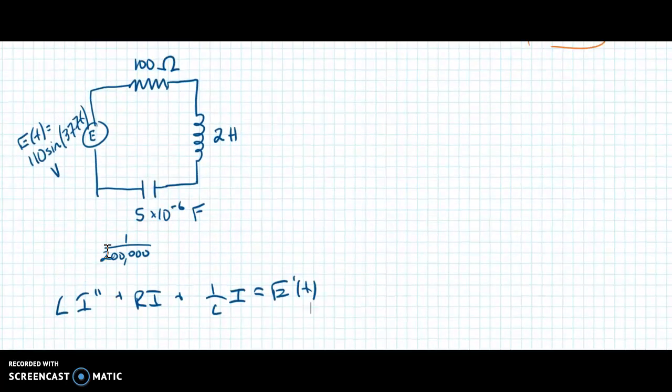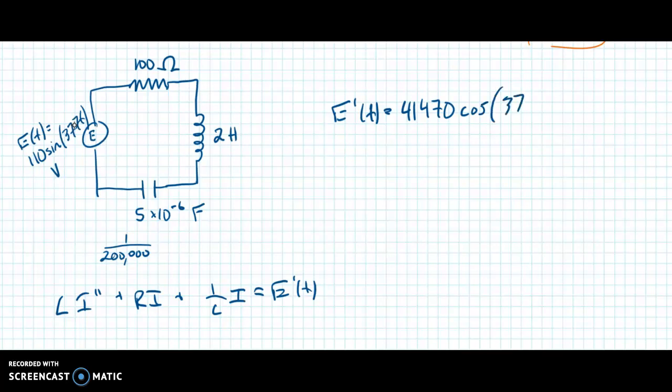The first thing I need to do is find the derivative of E of t. E prime of t is 110 times 377, which is 41470, and then cosine of 377t because of the derivative of sine. That goes on the right side.